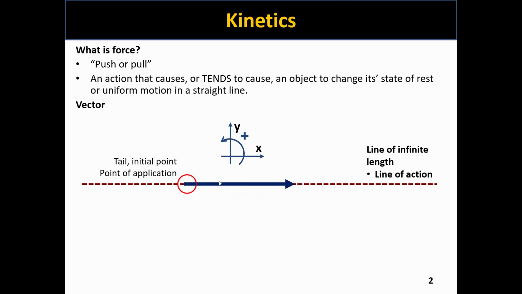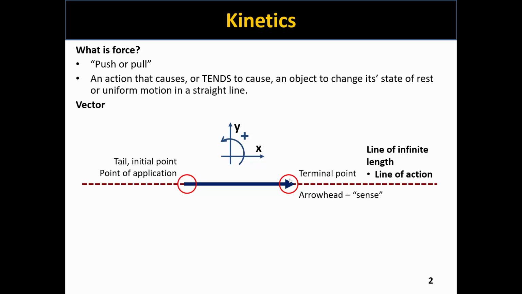The components of a vector include the tail of the vector, and this is the initial point where the vector starts, and this is also referred to as the point of application. So when we use a vector to represent a force, that force will be applied at an object at which the force generating element is attached to the object, and the vector is going to be pulling away from the object if it's a pull.